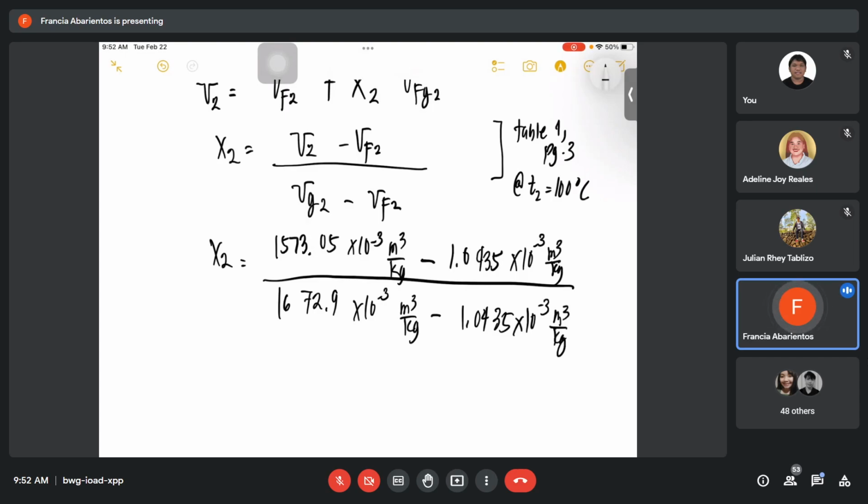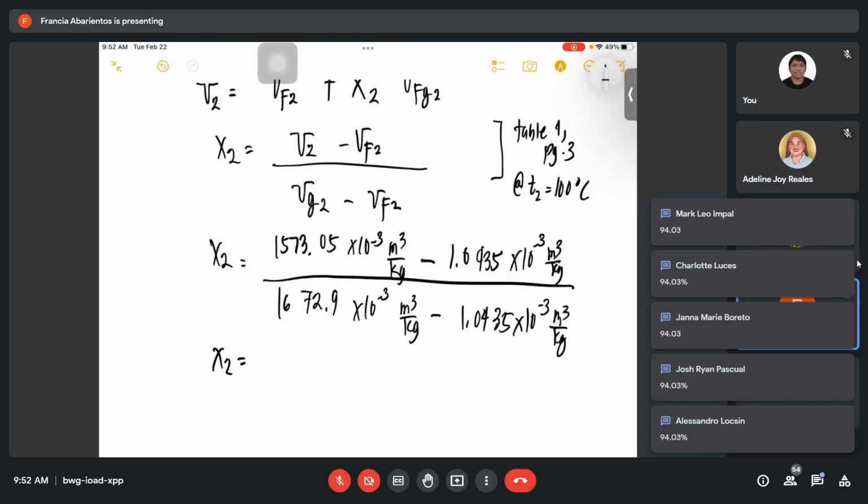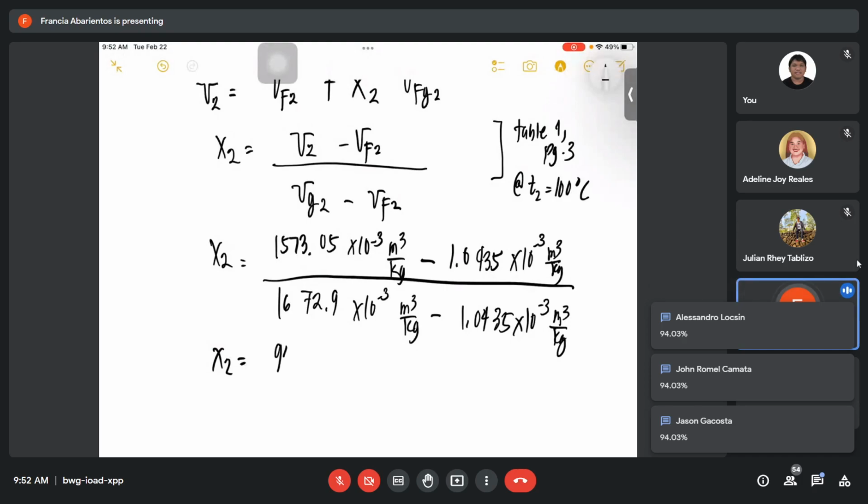Okay, compute for the quality at point 2. Oh, answer na. Thank you, class. So we have now the quality 94.03%. So we have now the basis in point 2 in this polytropic process.